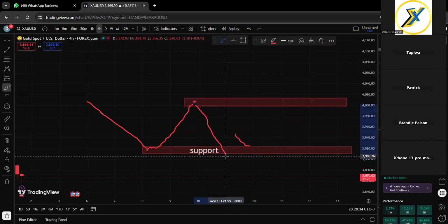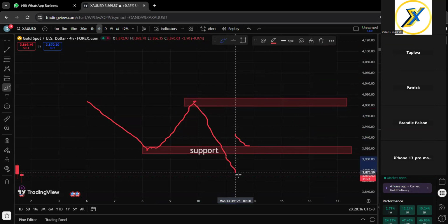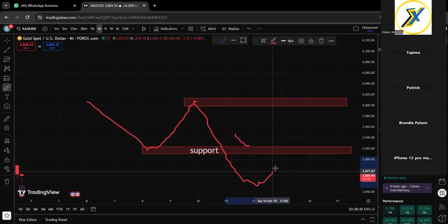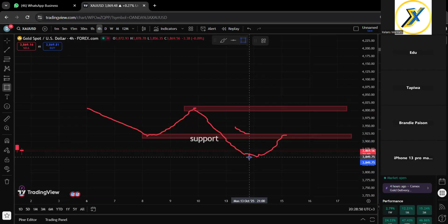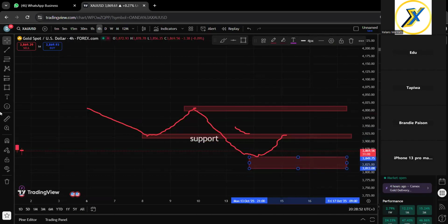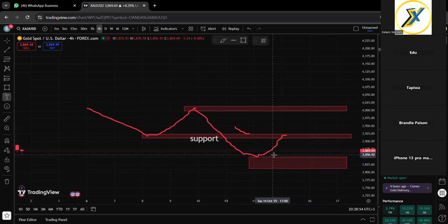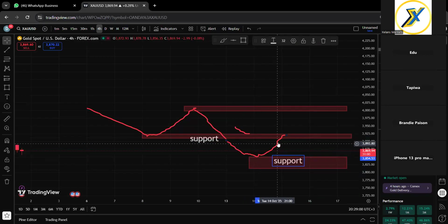If it closes with a body and the market continues to sell, then decides to consolidate or reverse at this area, at this point the market will create a new support here. So when the support is broken, it forms a new support on the next reversal.